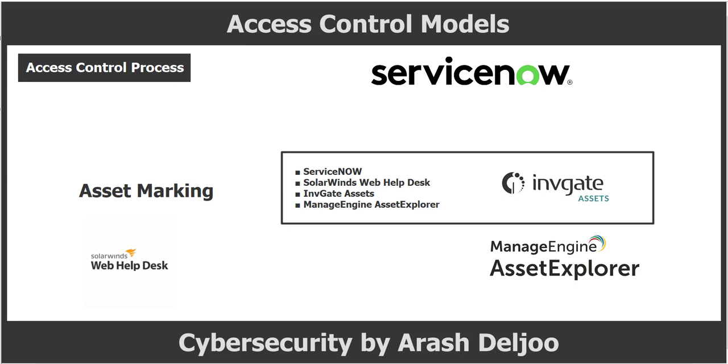Some also allow you to categorize and group your assets so that you can understand the context easily. These asset management solutions can also help you keep track of all your software assets and licenses so you can remain compliant. The following are a few examples of asset management solutions: ServiceNow, SolarWinds Web Help Desk, InvGate Assets, and also ManageEngine AssetExplorer.